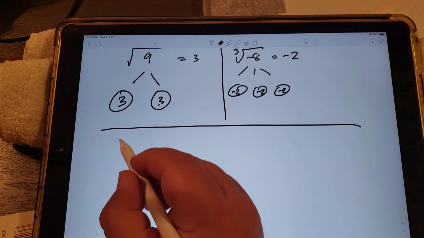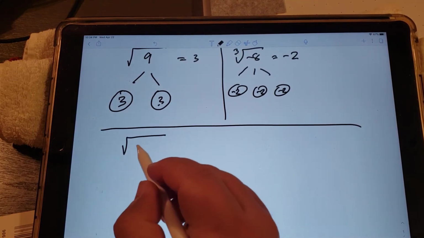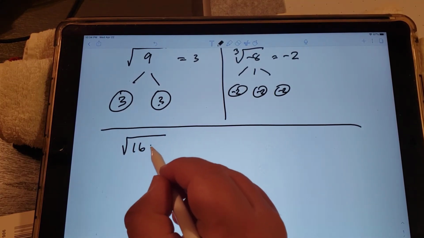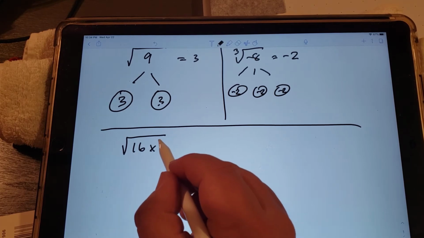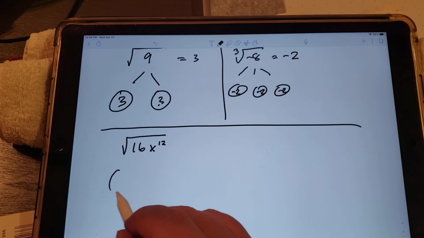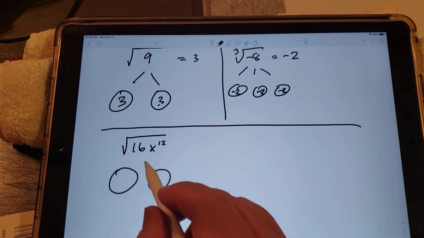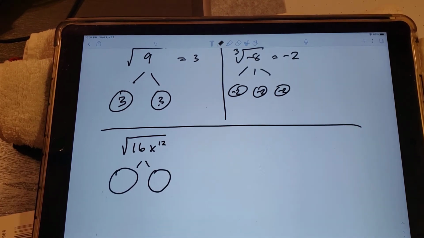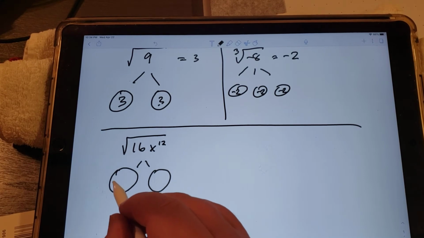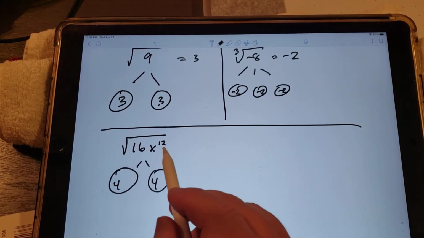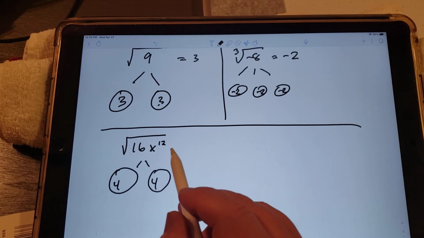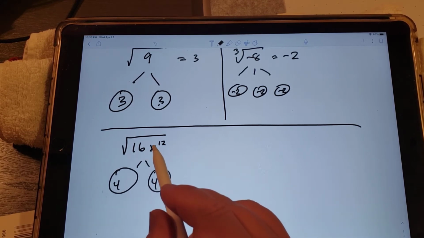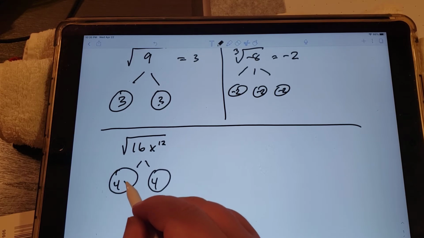But I also want to bring it up because let's say I had the square root of 16x to the 12. I drew my two balloons. Well, 16 is 4 times 4, but you notice I have 12 x's here, or 12 of a kind. In other words, you can think of this as 12 x's. So each balloon gets 6 of them.